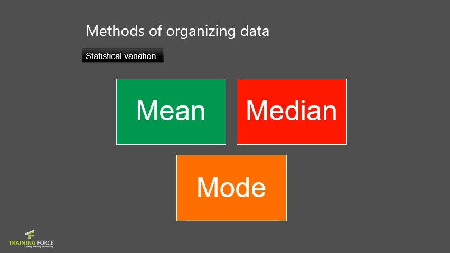The median is the middle value in the list of numbers. To find the median, your numbers have to be listed in numerical order, so you may have to rewrite your list first. The mode is the value that occurs most often. If no number is repeated, then there is no mode for the list.